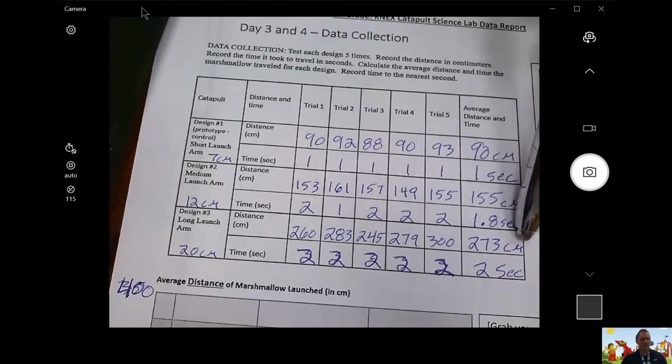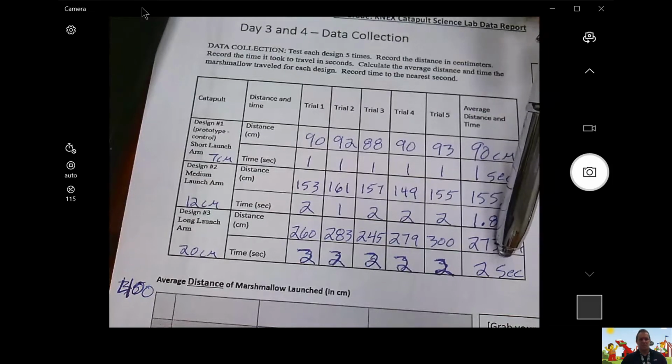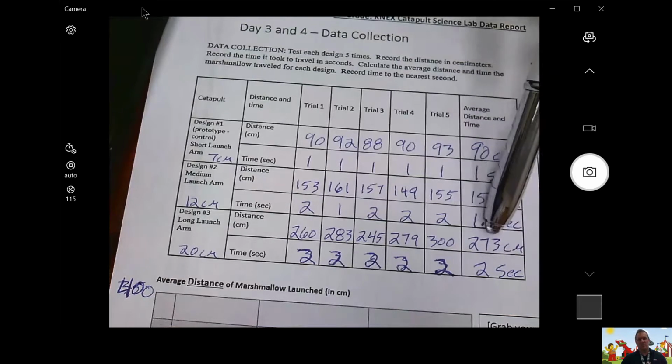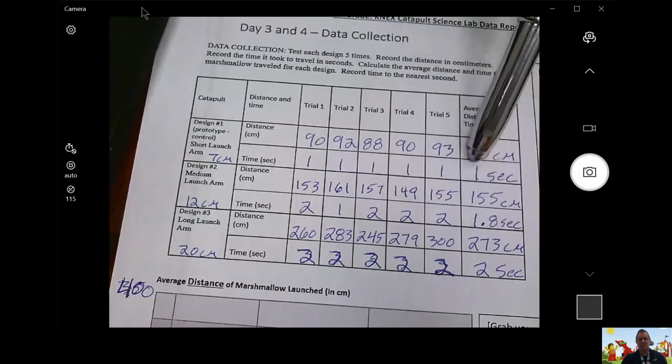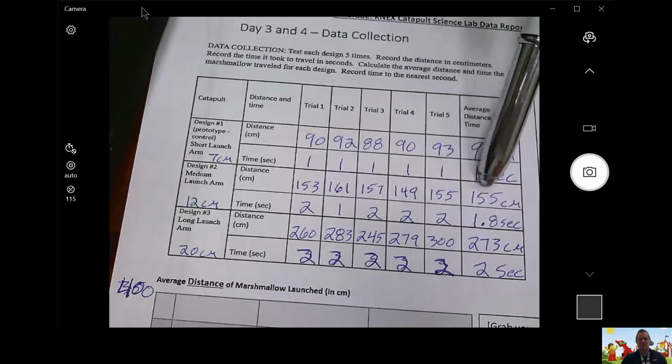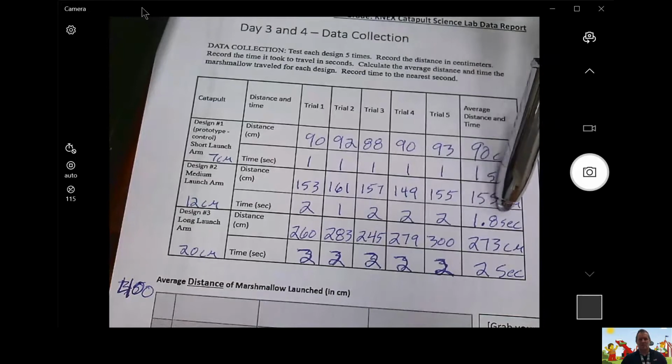And I could totally tell right away because these seconds were so close to each other. 1.8 versus 2 is very similar. And notice how much more distance it covered. So I know there was an increase in speed here. So this was actually surprising once I did the calculation, that it actually slowed down.